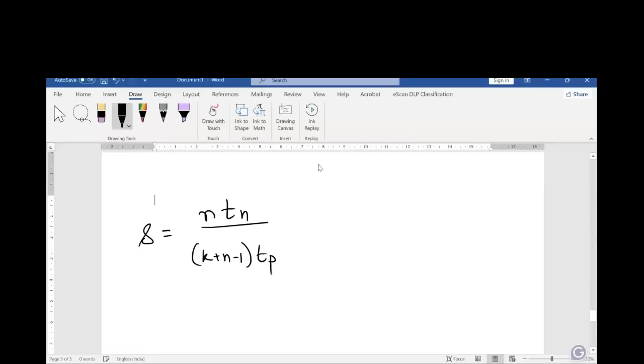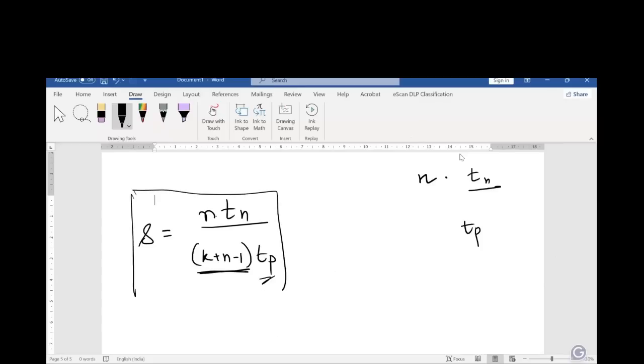For the non-pipeline architecture, for n tasks I'll need n clock cycles times Tn. Tn is the time required in the non-pipeline architecture, and Tp is the time required for one clock cycle in the pipeline architecture. We know that we need k plus n minus 1 clock cycles, and hence the speed up ratio is this.